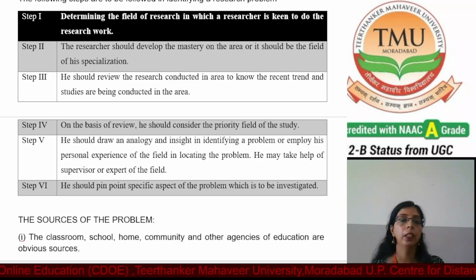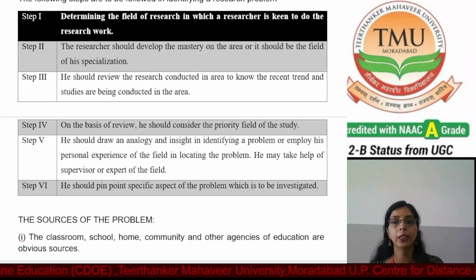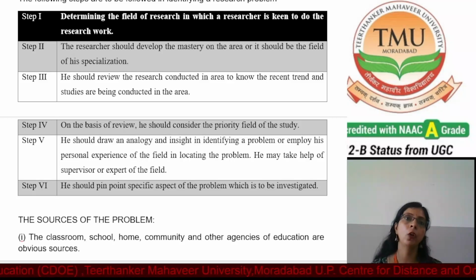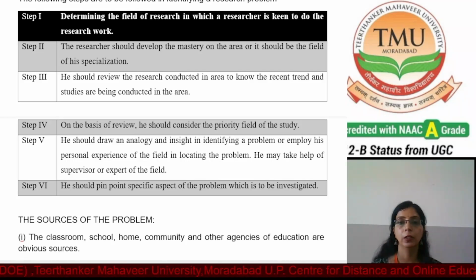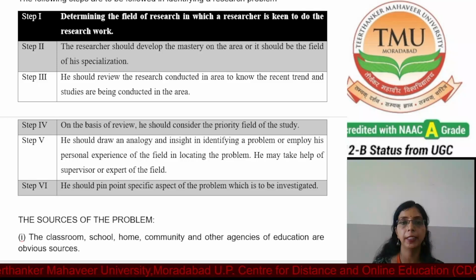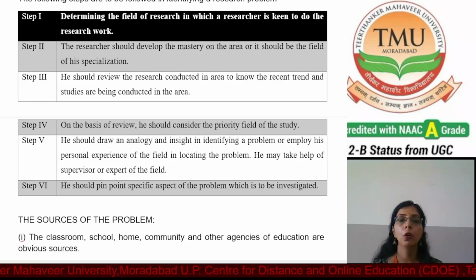For example, the dictionary meaning of effectiveness is generating or producing the desired effect. This meaning is not sufficient for research purpose. So it is important for you to specify exactly what indicator of effectiveness you will use, or what you will do to measure the presence or absence of the phenomenon denoted by the term effectiveness.